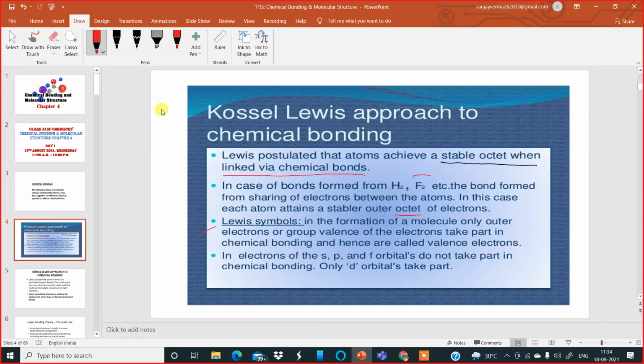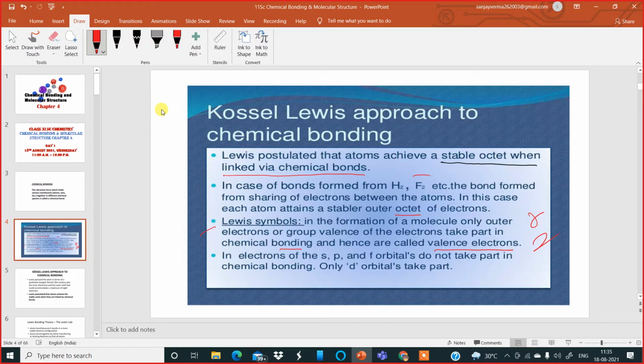In the formation of molecules, only outer electrons or group valence electrons take part in chemical bonding, and hence are called valence electrons. So valence electrons are nothing but the electrons present in the outermost shell which participate in bond formation either by sharing or by complete transfer.